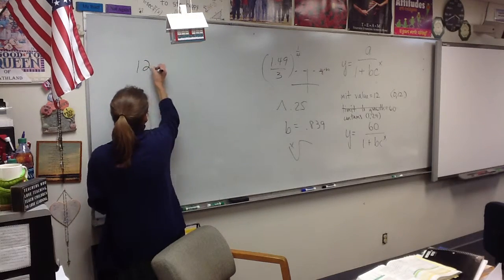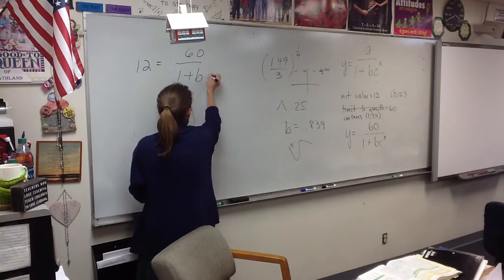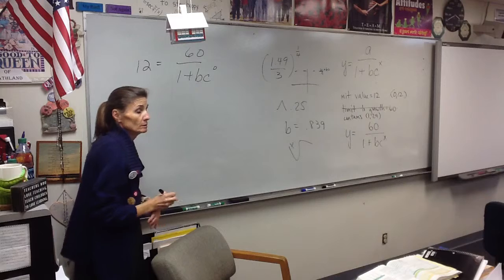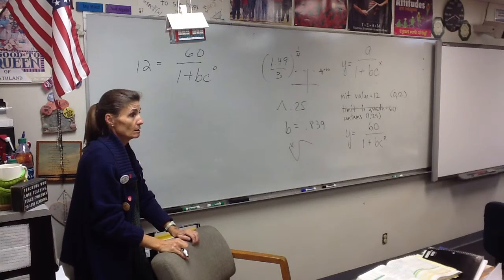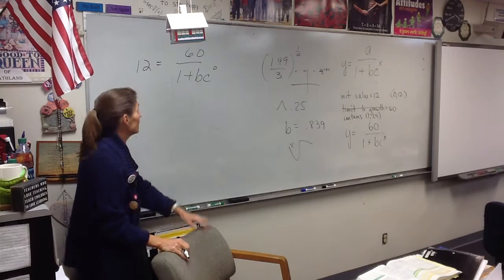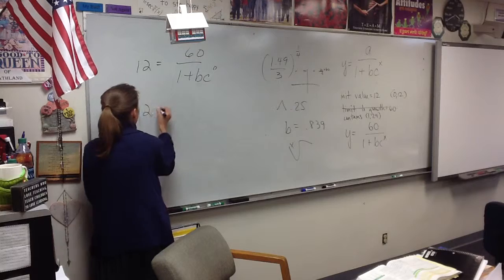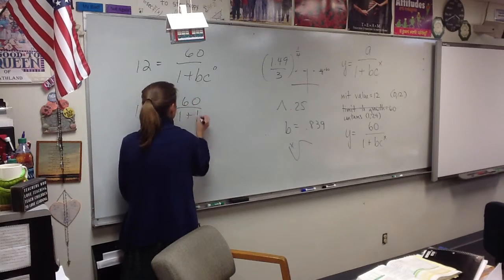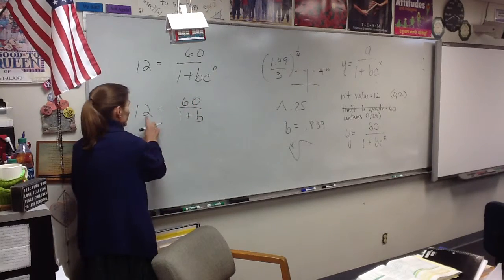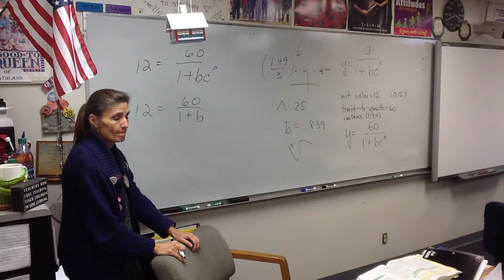So 12 equals 60 over 1 plus bc to the 0. Now this is going to take a little more work than the other ones did. What's c to the 0? 1. So 12 equals 60 over 1 plus b. Yep. Now what?